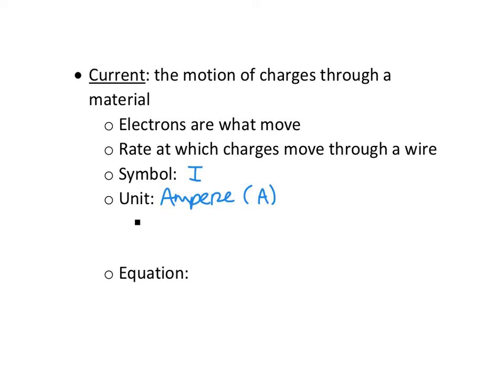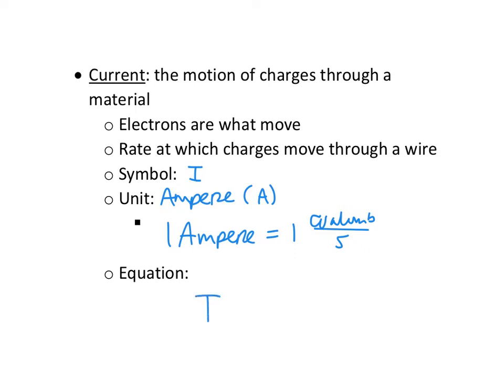Since current is the rate at which charges move through a wire, it's the number of coulombs per second. So that means that 1 ampere is equal to 1 coulomb per second. Charges need to be in coulombs and time needs to be in seconds.